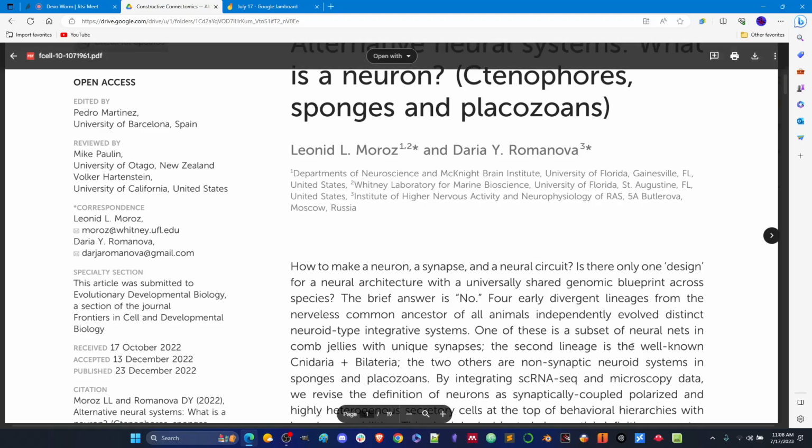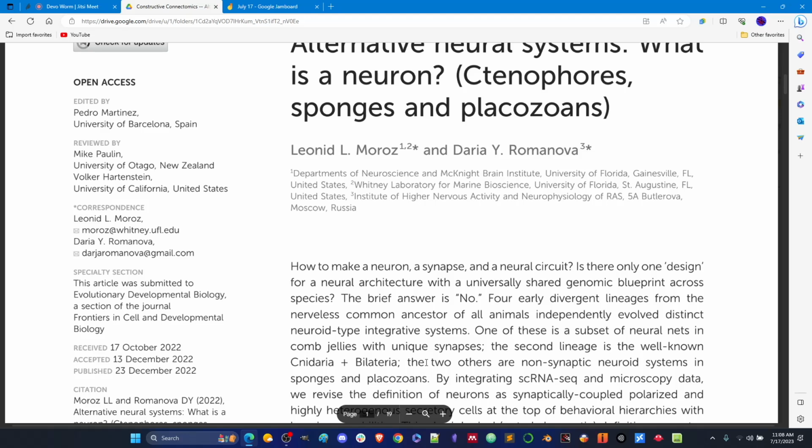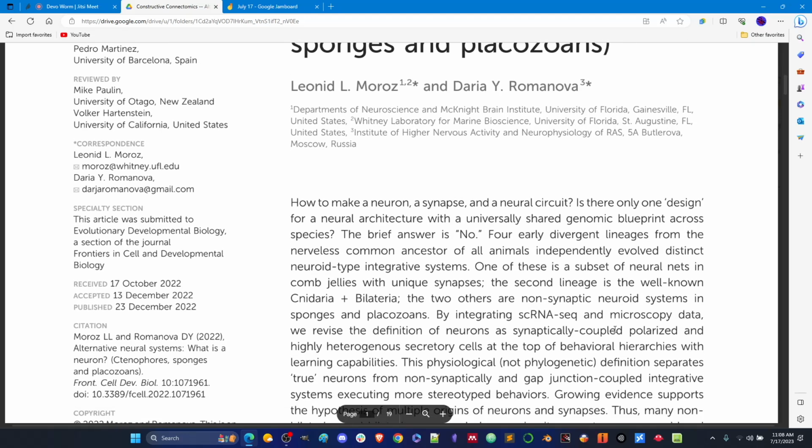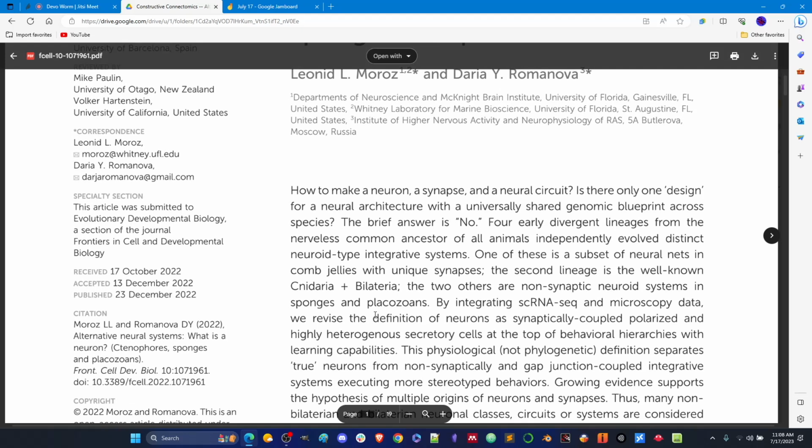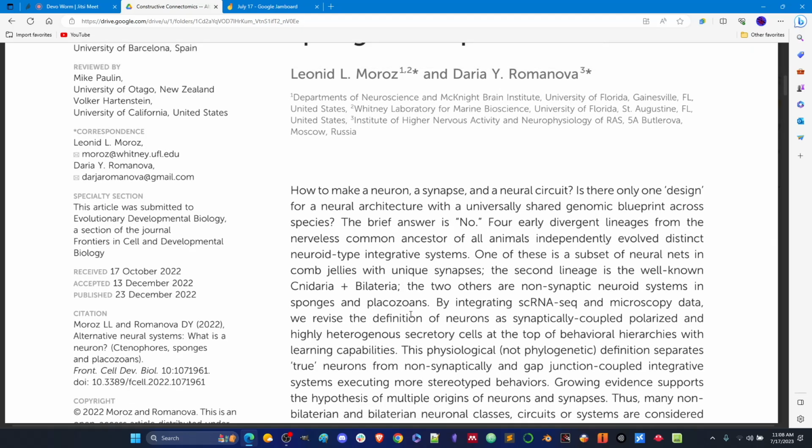The second lineage is the well-known Cnidaria plus Bilateria. Of course, this is where we are. The two others are non-synaptic neuroid systems in sponges and placozoans. So you have some with unique synapses, some with just regular synapses that we're familiar with, and then some with non-synaptic systems that are also neural in nature.